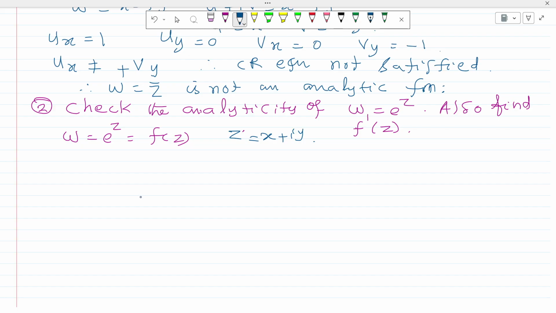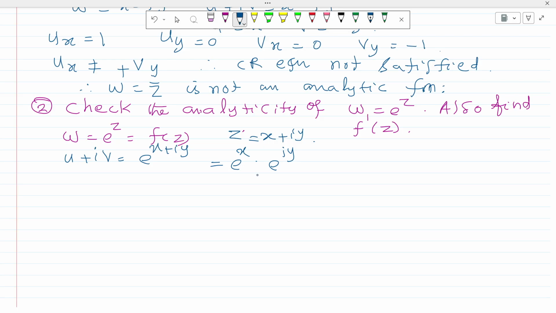Substituting z equal to x plus iy in the function, we will get that u plus iv equal to e power x plus iy. It can be written as e power x, e power iy. What is e power iy? Just now I wrote the e power i theta formula, cos theta plus i sin theta.